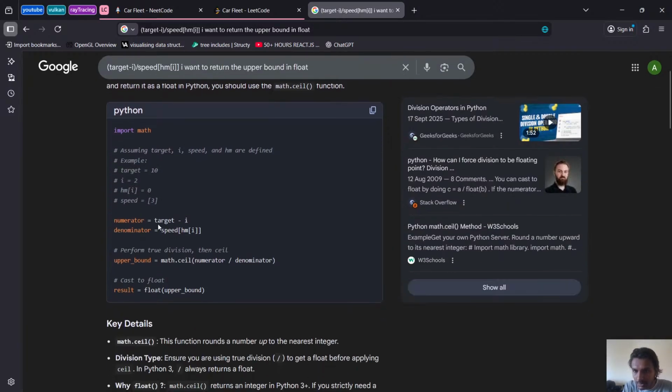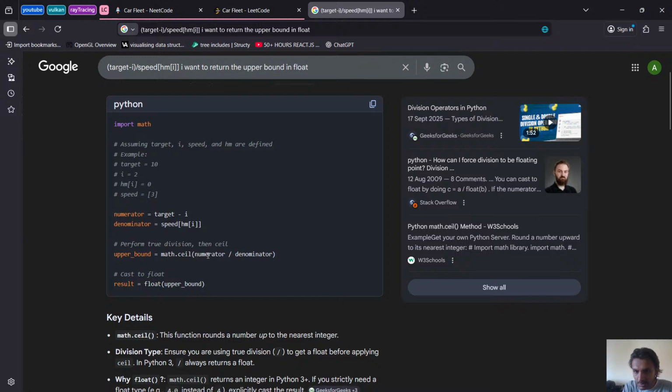What we can do is take the numerator target minus position, divided by speed, then use math ceil. So perform true division, then ceil. We are already doing the division, then we ceil it.